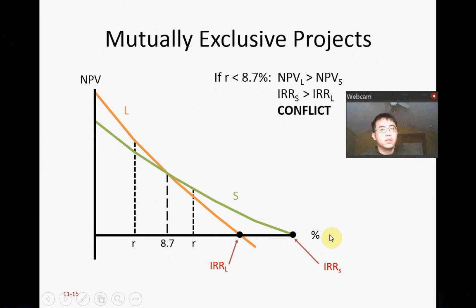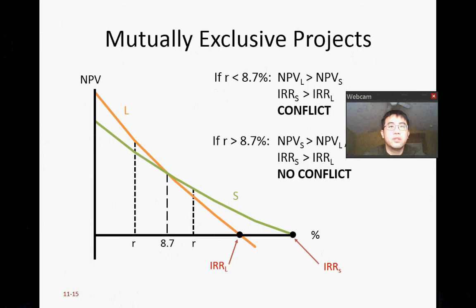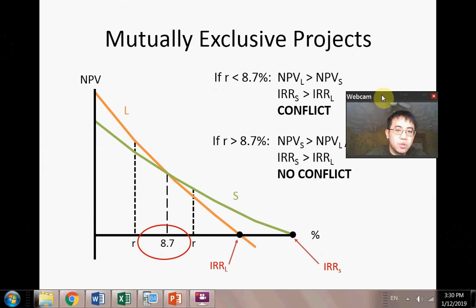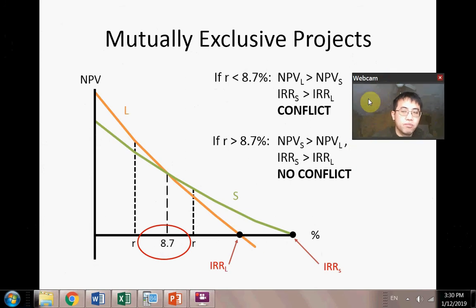Just be aware that there could be a conflict between the decision of using IRR and the decision of using NPV, because when you use NPV to choose the project, the decision may depend on the value of your discount rate.